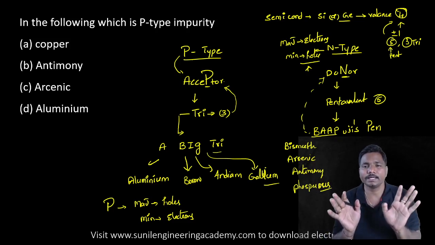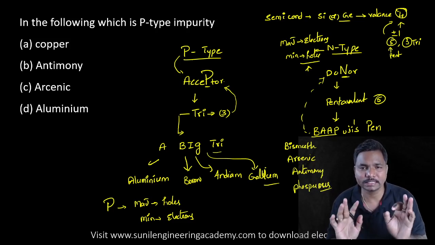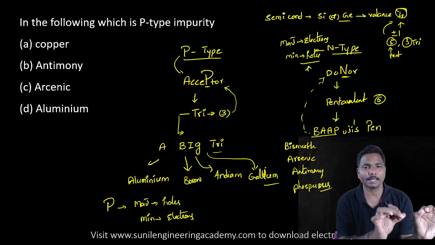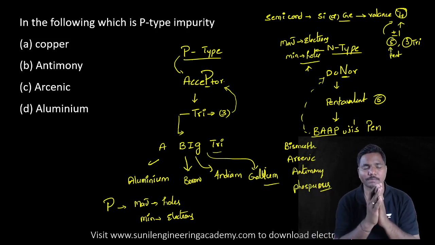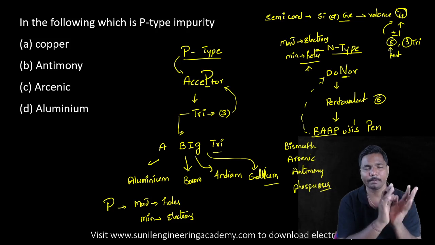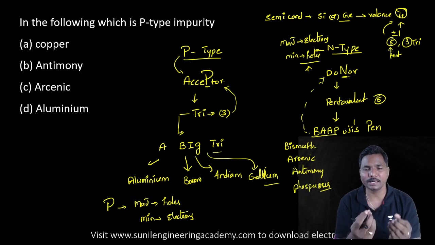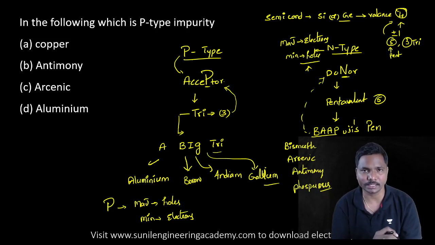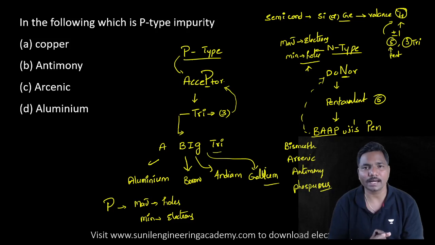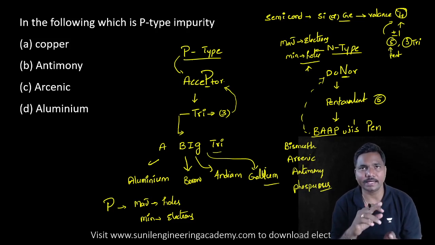Once again, guys, close your eyes and just listen. We have P-type and N-type semiconductors. P-type, P for acceptors. If they want to accept, there has to be fewer valence electrons than the semiconductor, so those are trivalent.